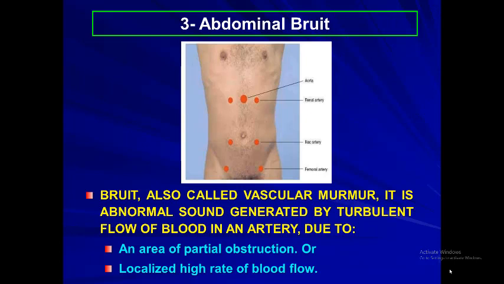Third item is abdominal bruit. In front of you, this is the aorta. Aortic bifurcation to the iliac arteries occurs a few centimeters below and to the left and to the right of the umbilicus. Remember, the umbilicus is at lumbar 4.